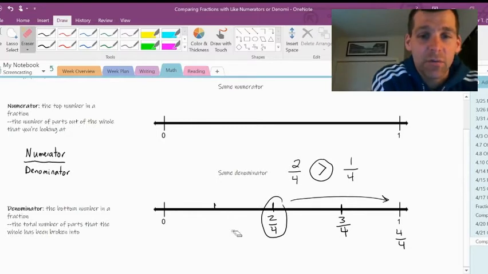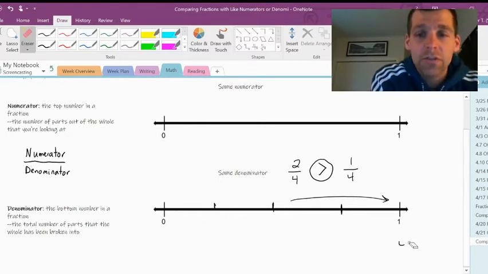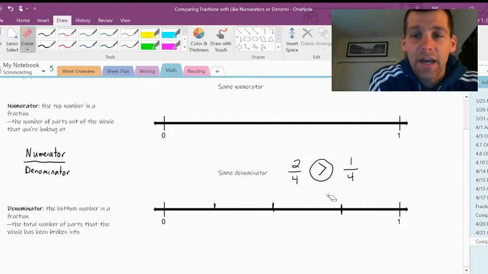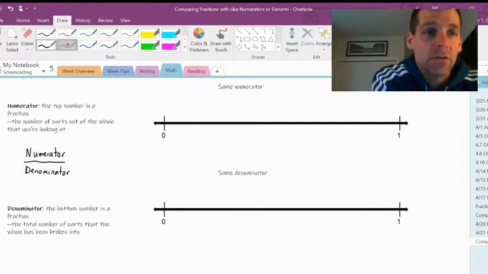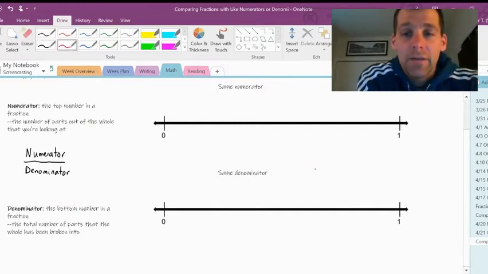Let's go back and change this. Instead of looking at quarters, let's do 3/8 compared to 5/8. Here again, I need to divide it into 8 parts. So now I've got 4 parts here.